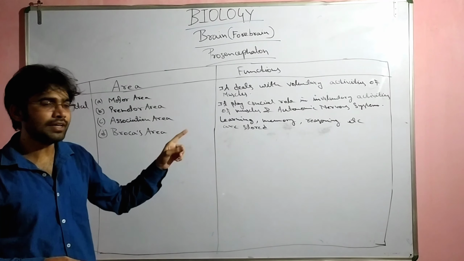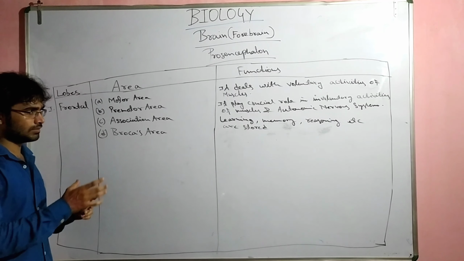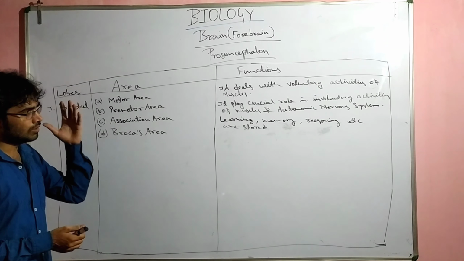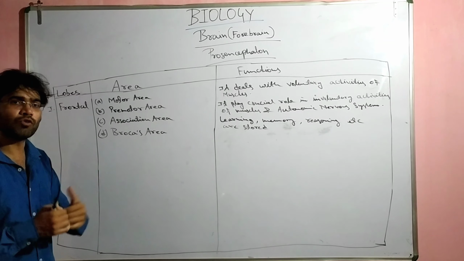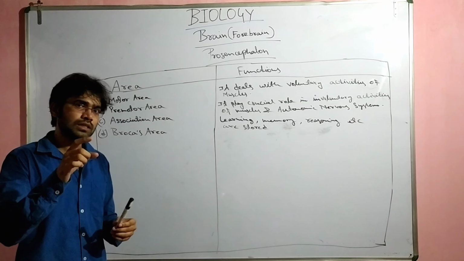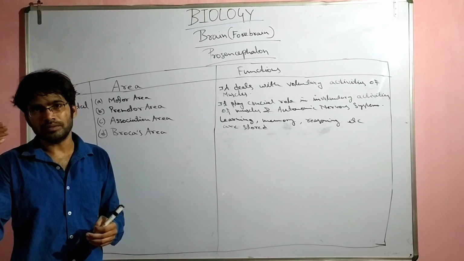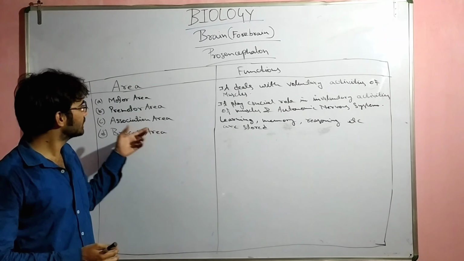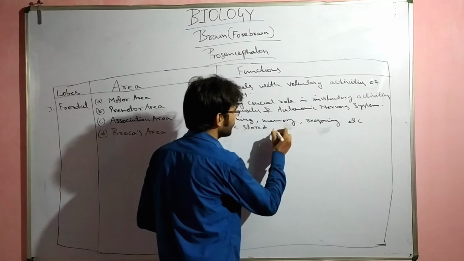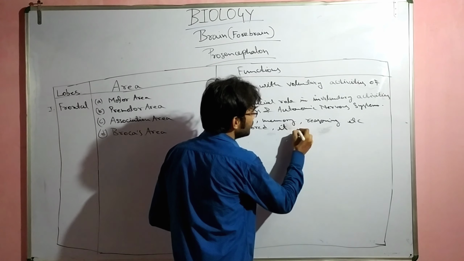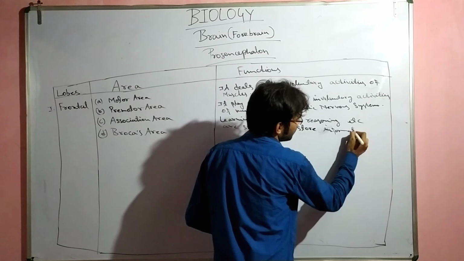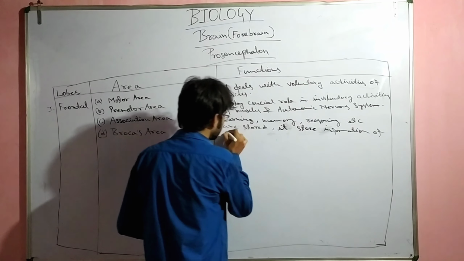So this area also acts as a store which contains all vital information, and whenever the person listens to or repeats that incident, this association area will help. So it stores information of past experiences.